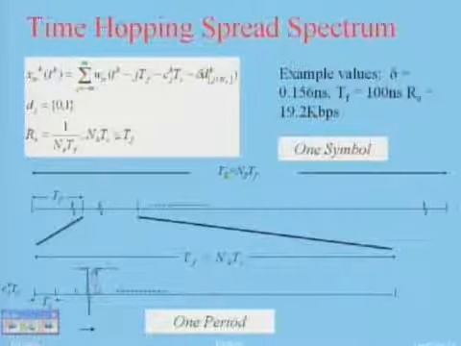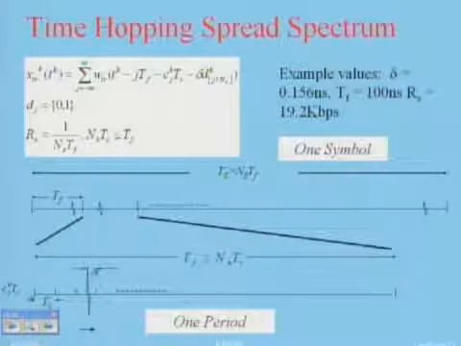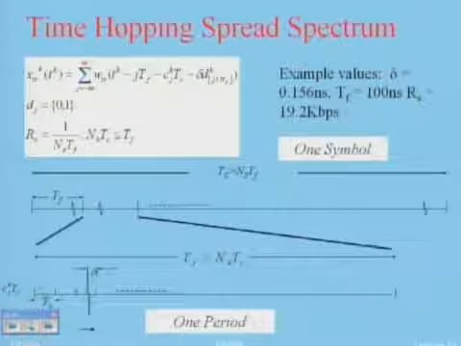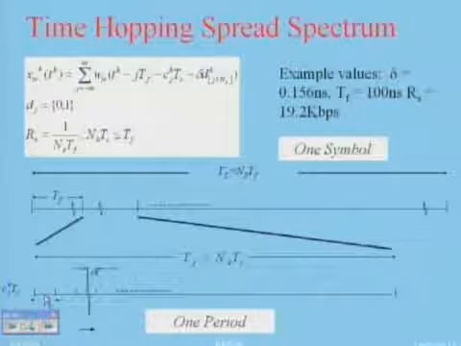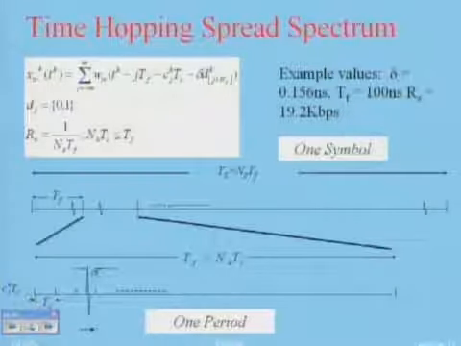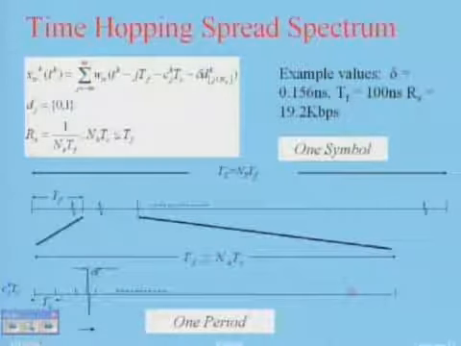Then, in each of these Tf time intervals, I divide the time into Tc, which I call chip periods. Then, to know which of the chips I'm using, similar to frequency hopping spread spectrum, I select one of the Nh possibilities in here.